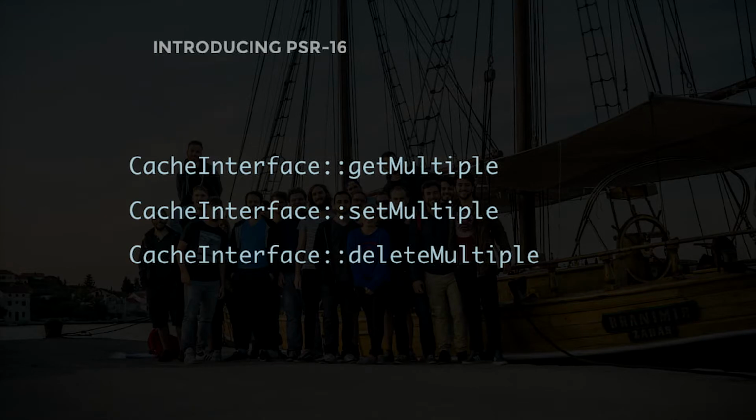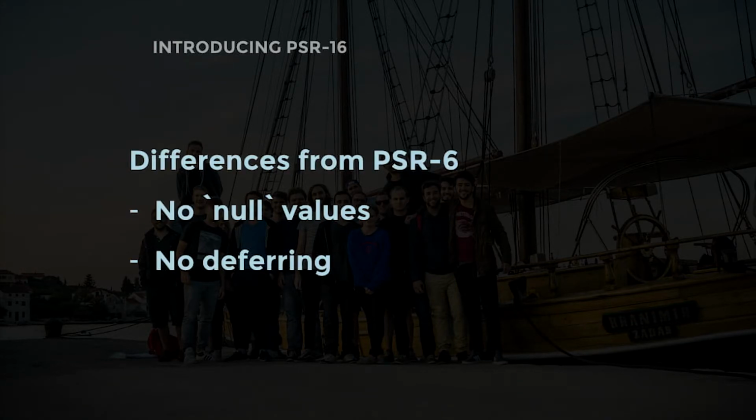It also supports multiple actions, batching, basically. So you can get multiple items at the same time, or you can store multiple items, or delete multiple items at the same time. So that's the difference between PSR-6 and 16. It's simpler, one interface. It doesn't know whether the value is null or it's a cache miss. And it also doesn't have deferring.